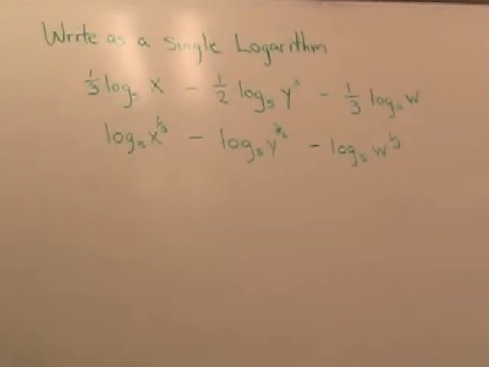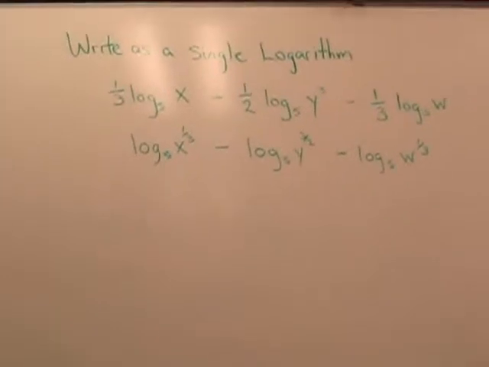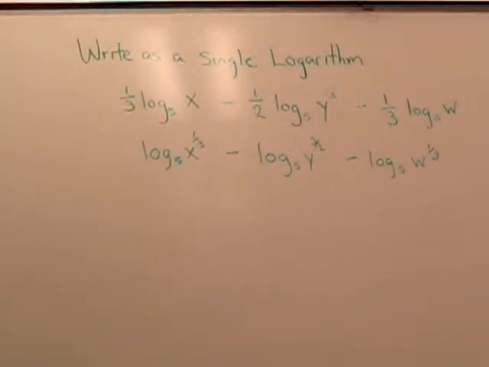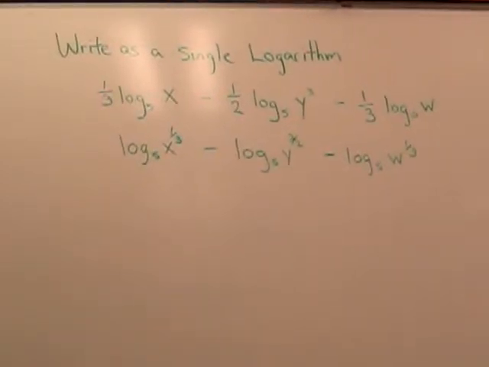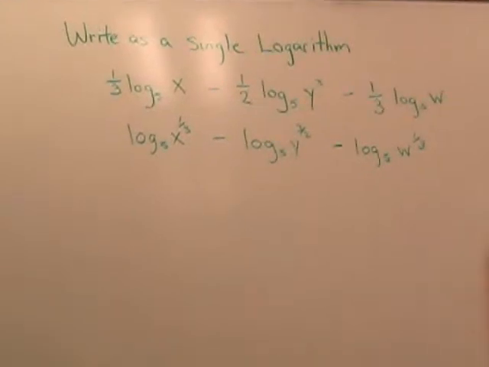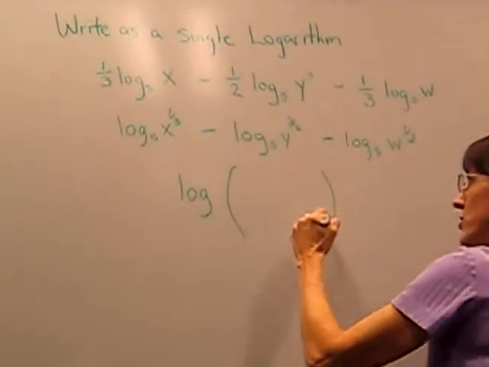Okay, I'm going to write this as a single logarithm, which means that I have the word log 3 times connected by plus or minus signs, and I wish to change that into the word log written 1 time. Just write the word log once, and you have a bunch of stuff in here.